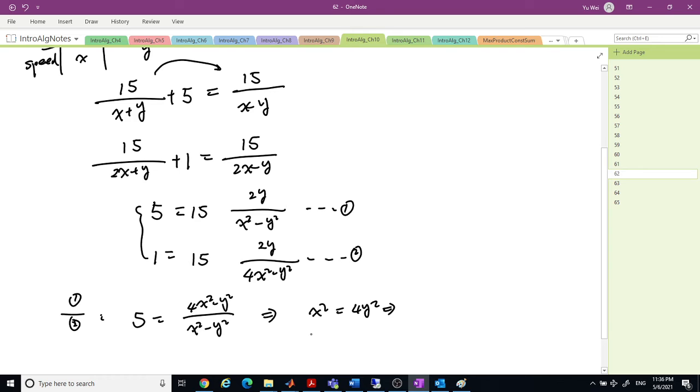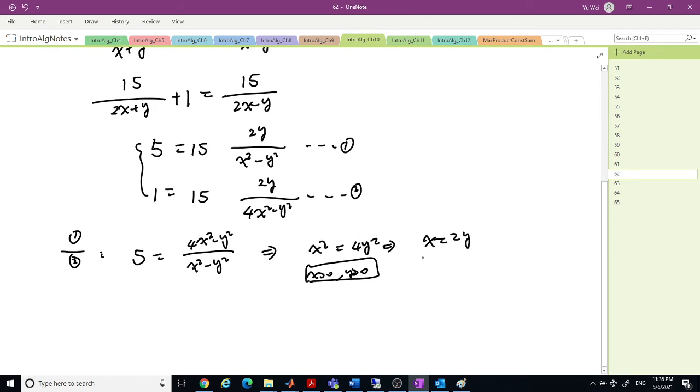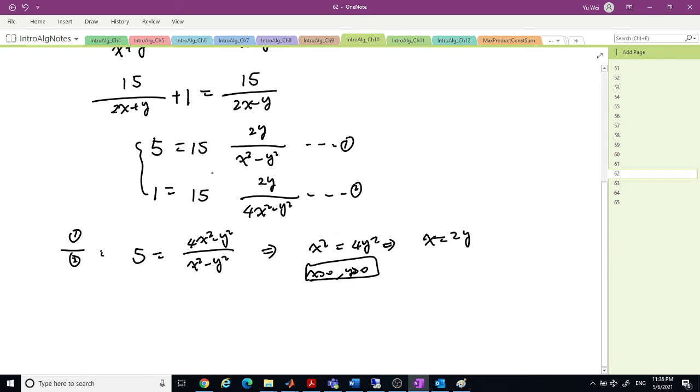Because the speed is always greater than 0, we have x equals 2y. Now we have the relationship x equals 2y. Let's put this back here. So 1 is equal to 15 times 2y over x, x equals 2y. So 2y times 2 is 4y, it's 15 over 4y squared. So now we get y equals 2.